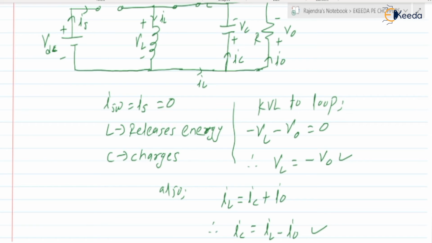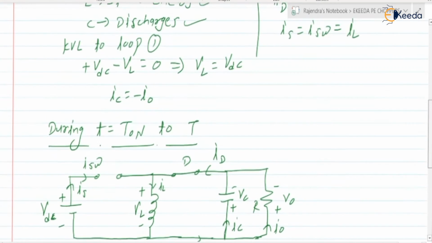Now, during T on, we can write VL is equal to VDC, and IC is equal to minus I0, whatever we have already written.